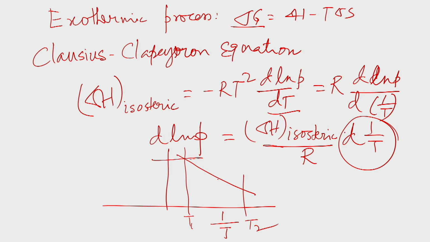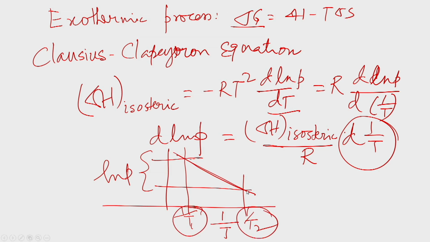So, for this we will be getting one P and for this one this P. So, the differential of ln P will be plotted here, suppose ln P is plotted here. The differential of ln P will give the differential of 1 by T like this. So, this is 1 by T1, this is 1 by T2. So, we will be getting a straight line.